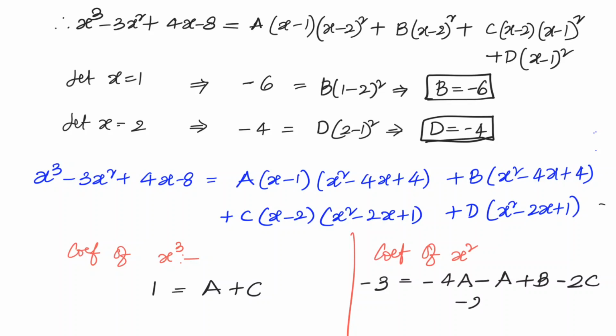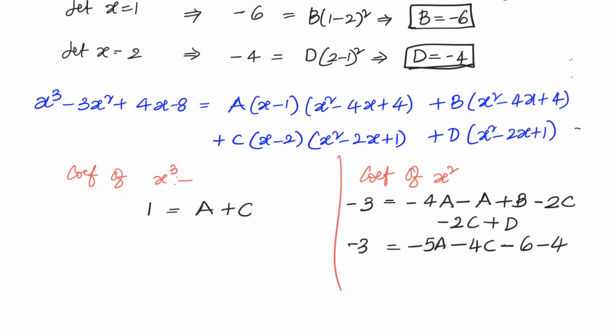Get all the terms which will be in x square, and compare the coefficients. When we do that, we get minus 3 equals minus 5a minus 4c plus b plus d. We can plug in the values of b and d as minus 6 and minus 4. We will get minus 5a minus 4c equals 7.